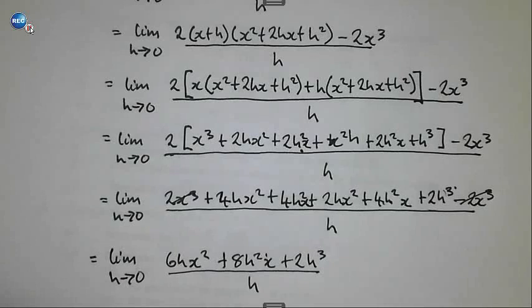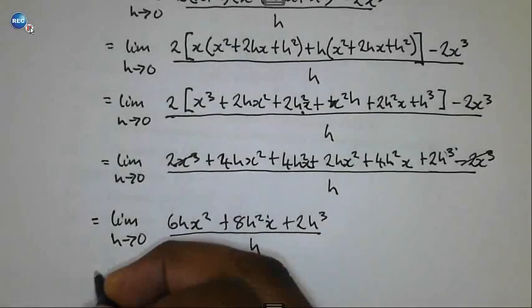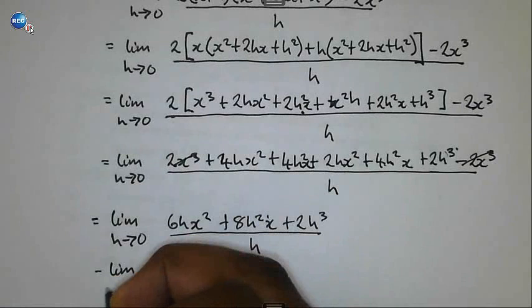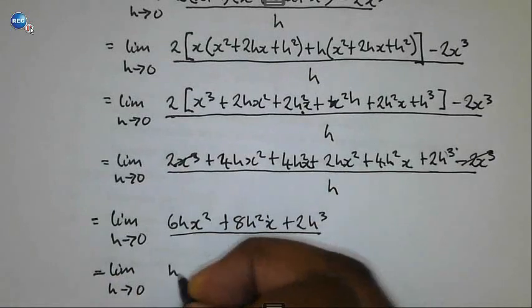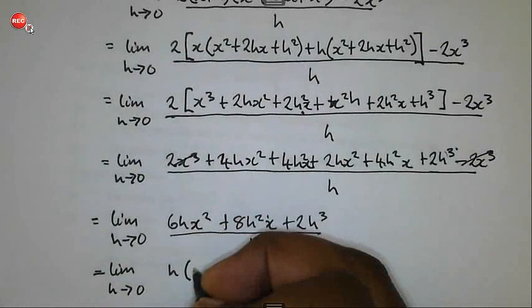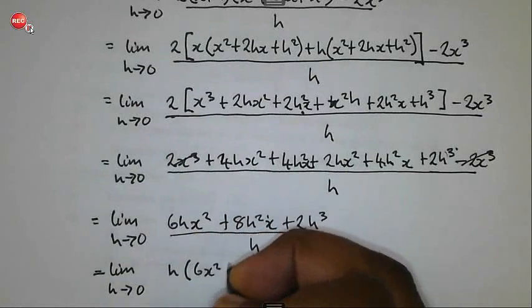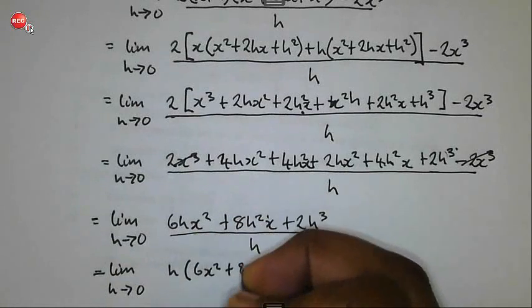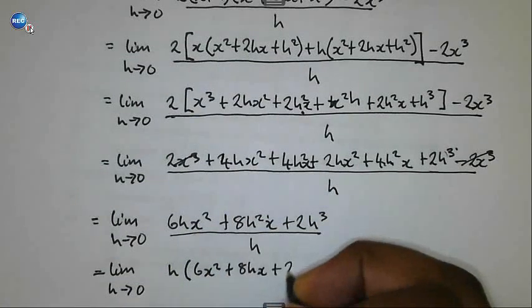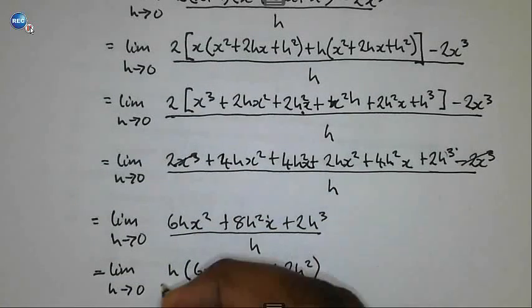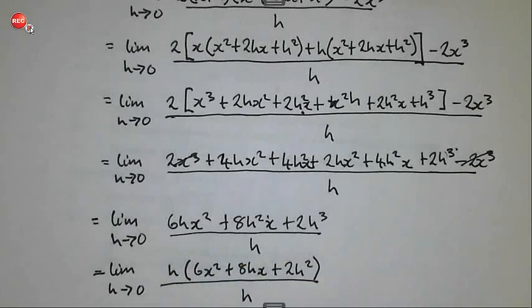Divide everything one by one by h, or take out h and cancel them out, same difference. Let's just do what we are used to. If you take out the h, you've got 6x squared plus 8hx plus 2h squared over h.